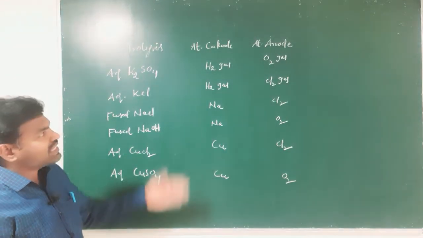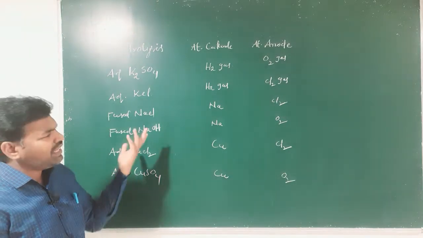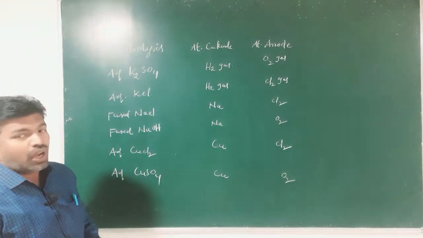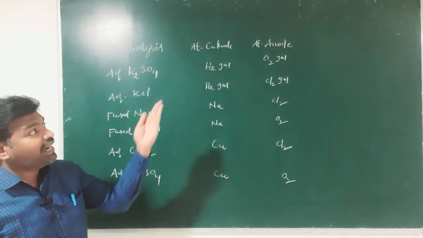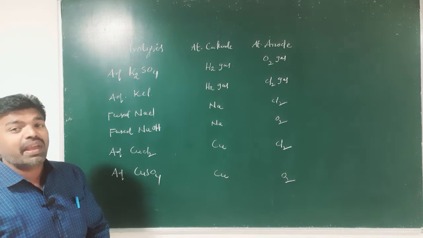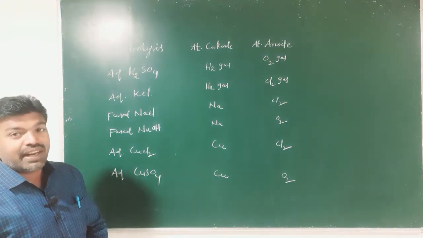After seeing these examples, you may have a doubt: how am I writing the products at the cathode and the products at the anode?